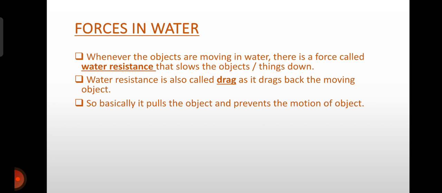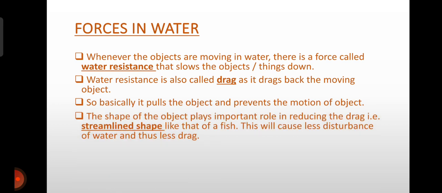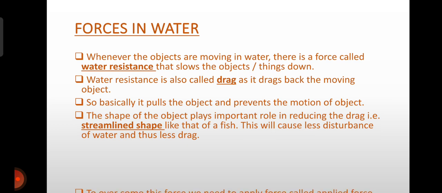So basically it pulls the object or prevents the motion of the object. The shape of the object plays an important role in reducing this drag, like the streamlined shape of a fish. This will cause less disturbance of water and thus will have less drag or less water resistance.